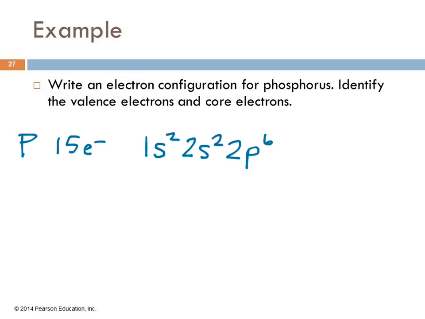Now we're up to 10 electrons, right? Then is 3s2. And it's 3p3. So that adds up to 15. You can check yourself by adding the superscripts. The superscripts should add up to the number of electrons that you were trying to indicate.